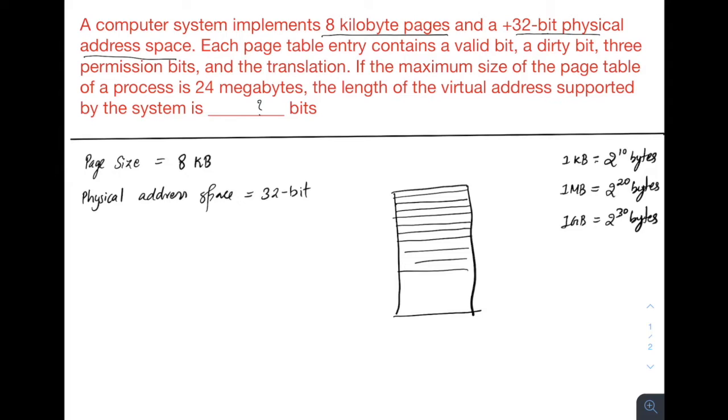This one is the zeroth byte, this is the first byte, and similarly this one is the nth byte, and so on. So the RAM is divided into multiple bytes of memory.